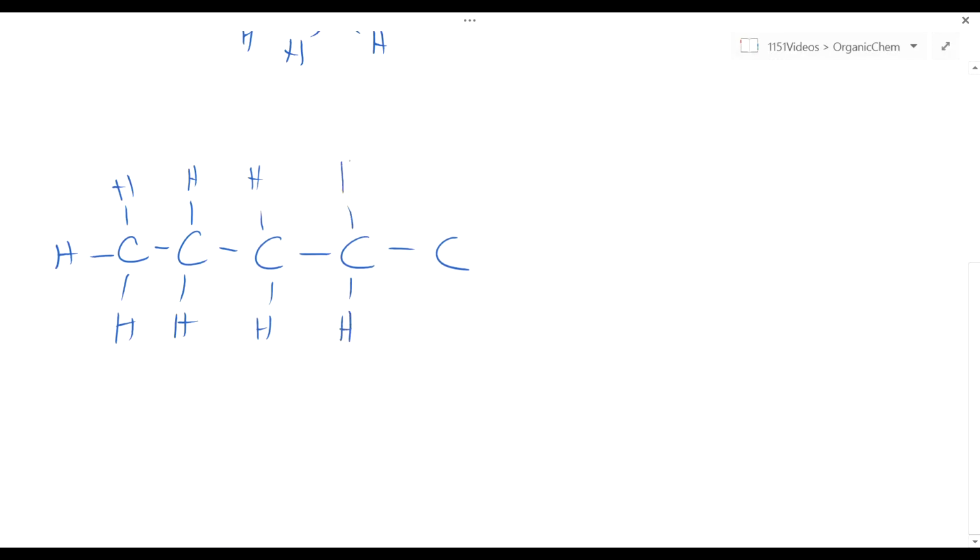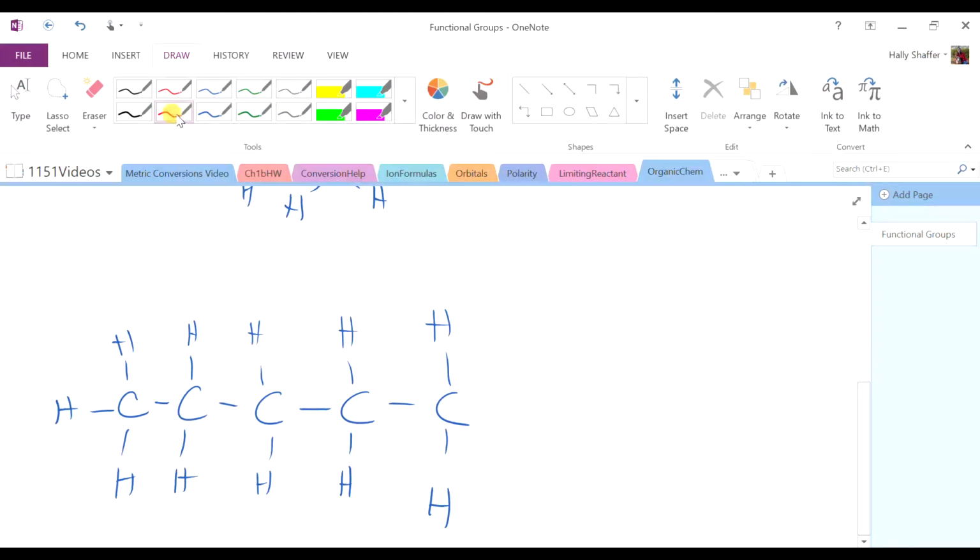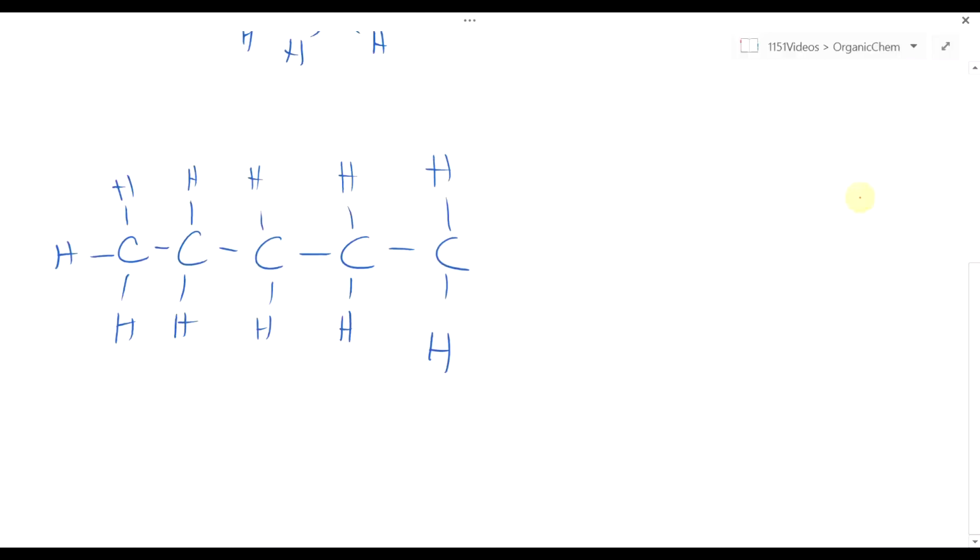But what we're going to do, instead of having all hydrogens on this very last carbon, I'm going to change my color to red to really emphasize this. Instead of making it a hydrogen, let's make it an oxygen bound to a hydrogen, and I'm going to draw my lone pairs on the oxygen to make it super clear.